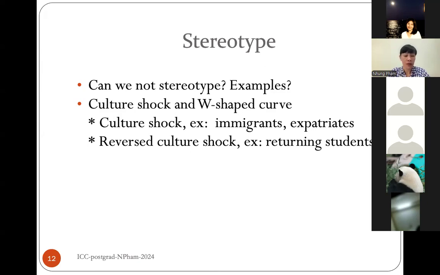So, for example, we cannot think that all Japanese people are honest, because a lot of them may not be. And if we let that stereotype of believing all Japanese people are honest guide us, we can put ourselves in danger.